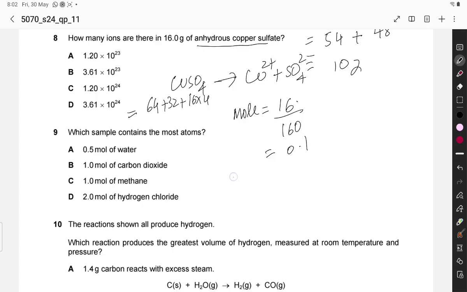So the number of ions is equal to 0.1 mole into 2 into 6.02 into 10 raised to power 23. So A option is the correct option.